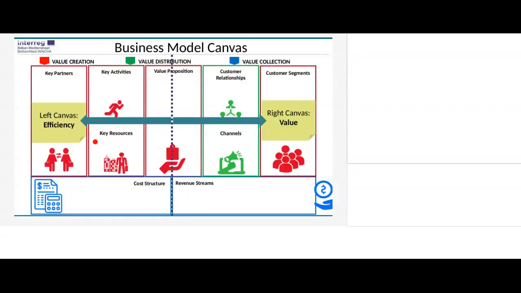Or we find some way to do our service faster, and this produces more efficiency. Or we find some way to cut down costs, and therefore we increase efficiency. So all these things have to do with the business model evaluation, which is what we're going to address next.